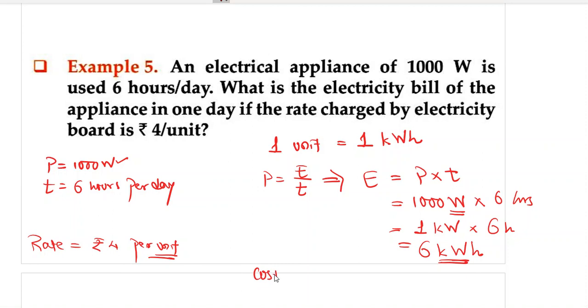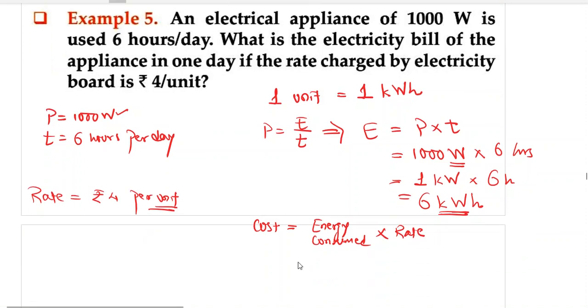Cost of electricity is equal to the electricity consumed, that is energy consumed, multiplied by the rate. So what is the rate? Electricity consumed is 6 kilowatt hour and the rate is rupees 4 per kilowatt hour.